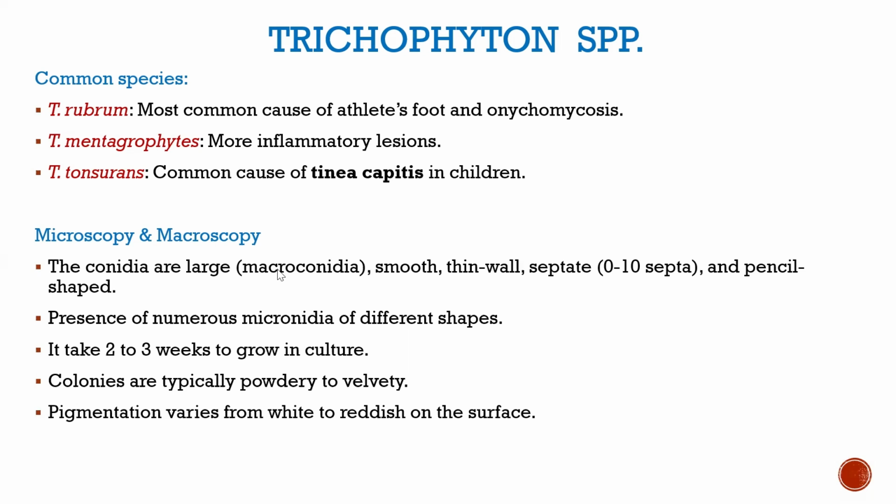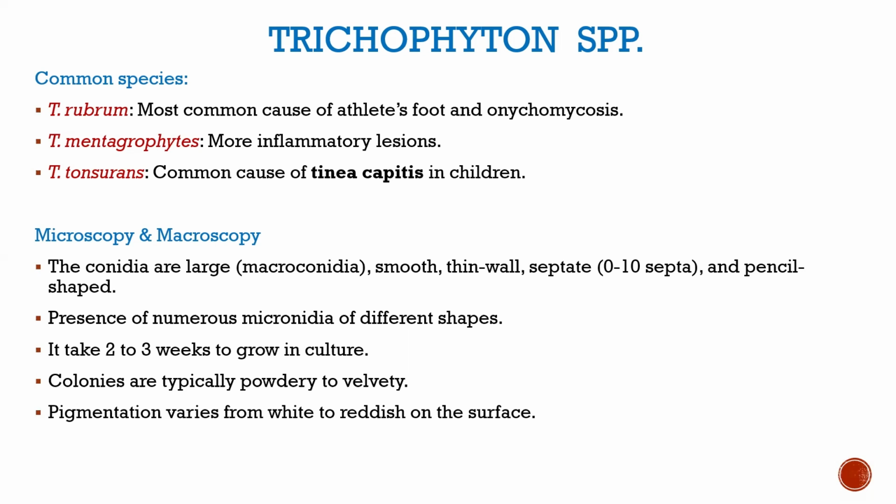Yeah, you are correct. So when you're talking of microscopy, especially when you want to identify an organism, it is when you use a microscope to observe features of that particular organism that cannot be seen with the naked eye. Then macroscopy is when you grow the organism in a culture media and observe with your naked eye.